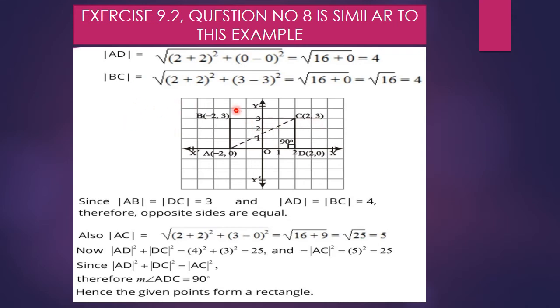As AD and BC are of 4 units and AB and CD are of 3 units, so AB and CD will make the width of the rectangle and AD and BC will form the length of the rectangle.